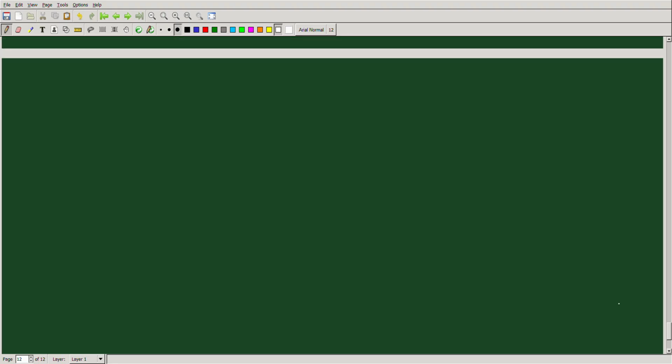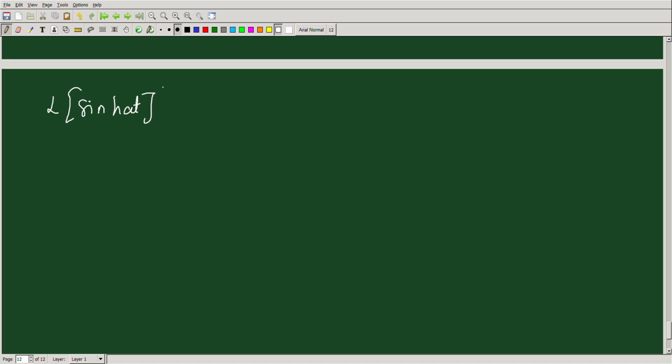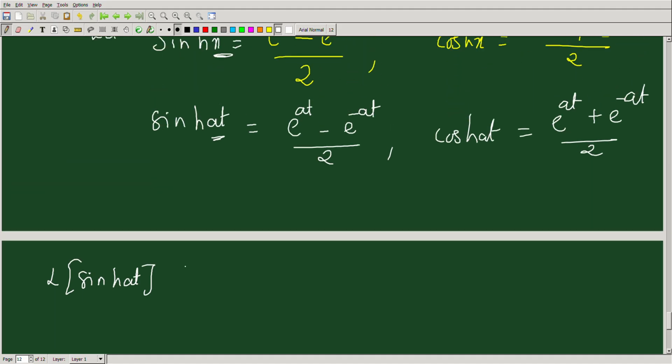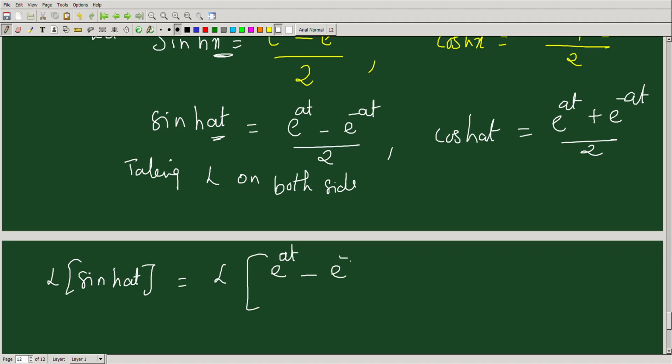Laplace transform of sinh at, which is equal to, taking Laplace on both sides. So Laplace transform of sinh at equal to Laplace transform of e power at minus e power minus at divided by 2, right?